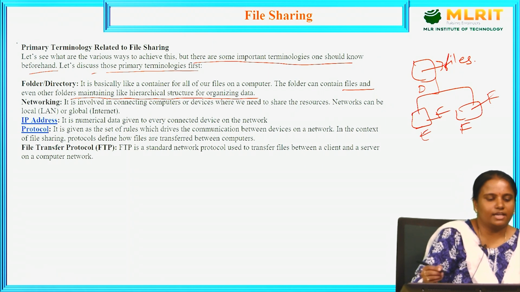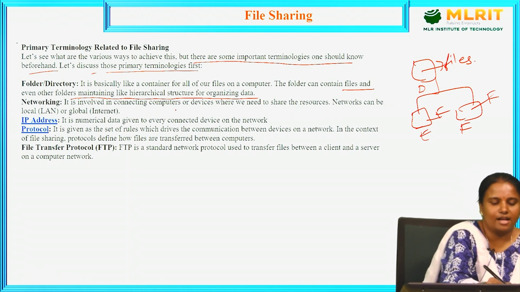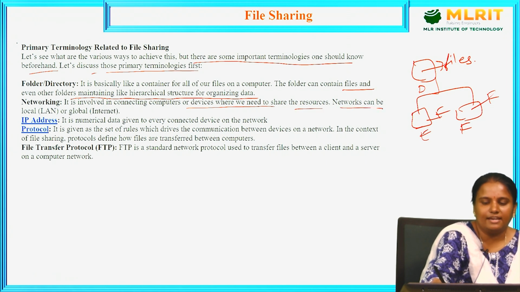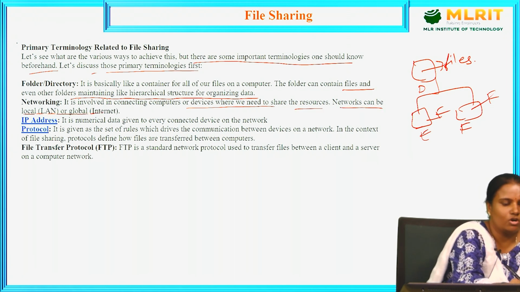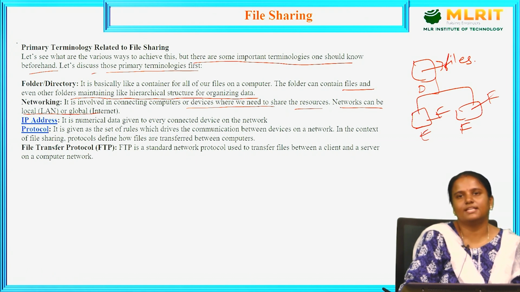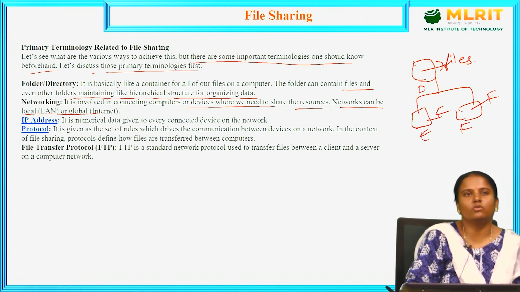Next, networking. It involves connecting computers or devices where we need to share resources. Networks can be local or global: local in the sense of a local area network, LAN, or global in the sense of an internet connection. In networking we have two things: IP address and protocol.